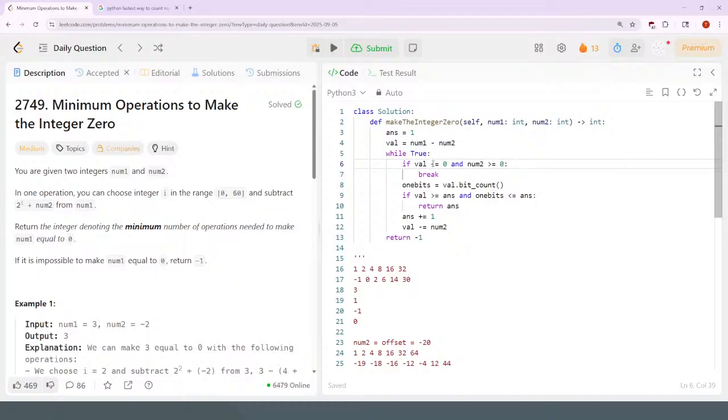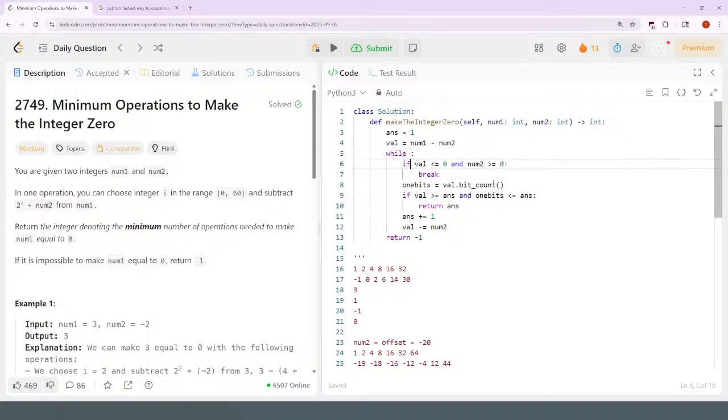Otherwise, if the summation is positive, or num2 is, so I think I mean De Morgan's law for this, to reverse the negation of this.